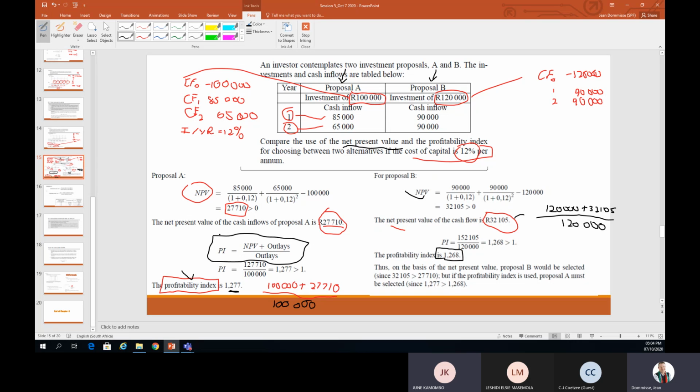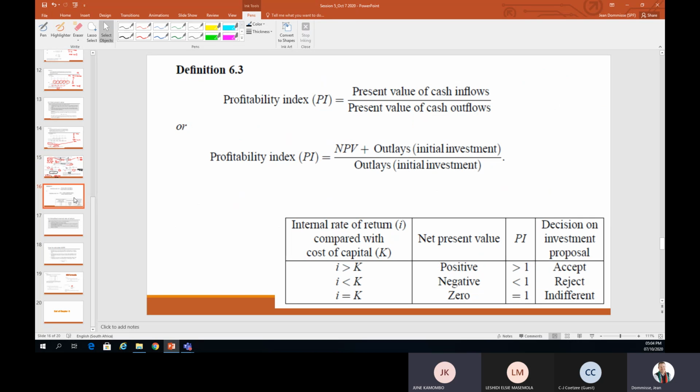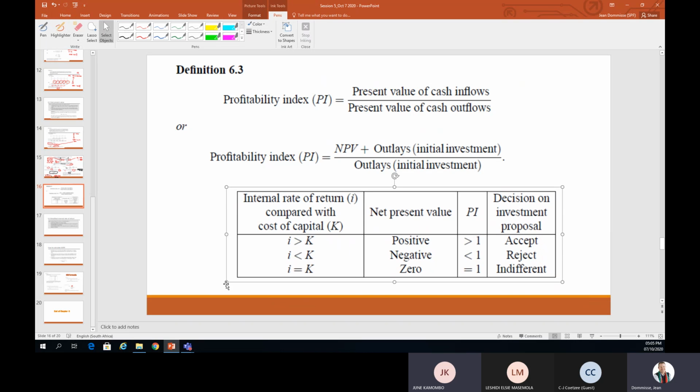Okay, so let's check the next one. Here, this is just for you to see the different things: the internal rate of return, net present value, profitability index, and the decision you need to make. This is more of a definition, and also something to remember that can come up in the exam.